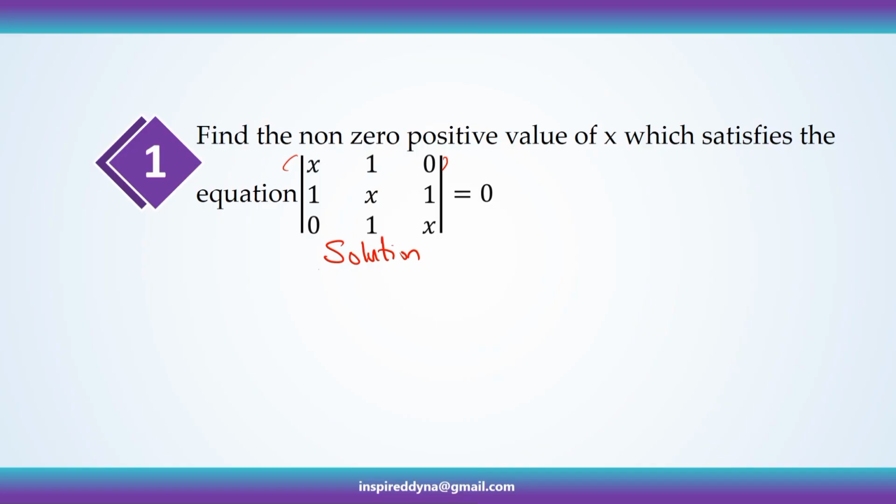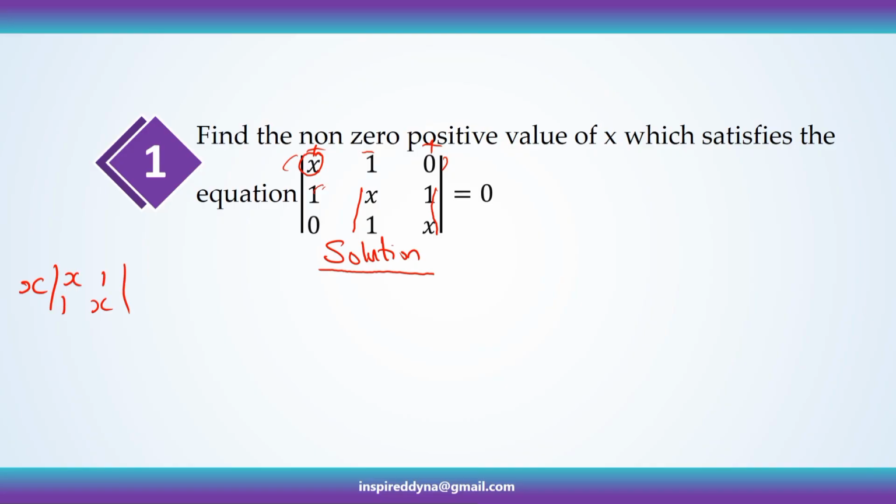The first thing that you need to do here is to find the determinant of the expression. To do that, you have plus, minus, plus. This is a 3 by 3 square matrix. You pick the first one, which is your x, and multiply it by the determinant of this square matrix. You eliminate this one over here, so you have x, and you find the determinant of x 1, 1 x.